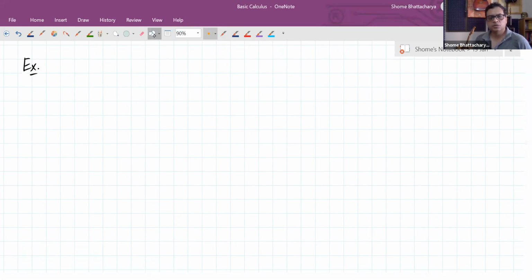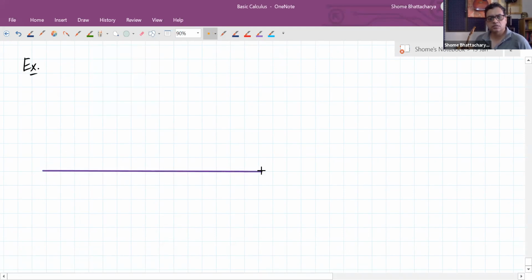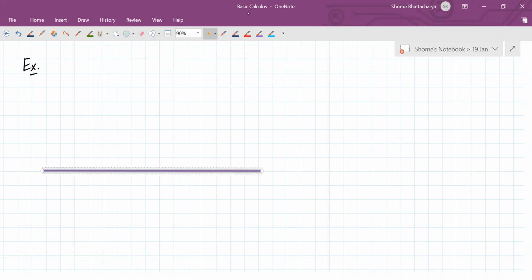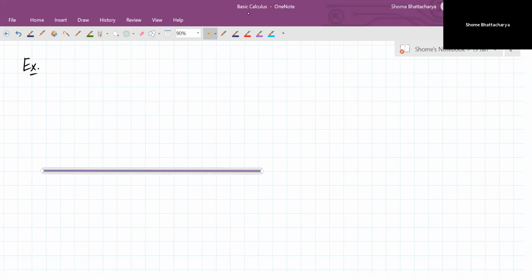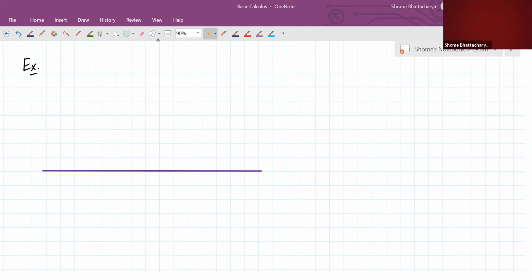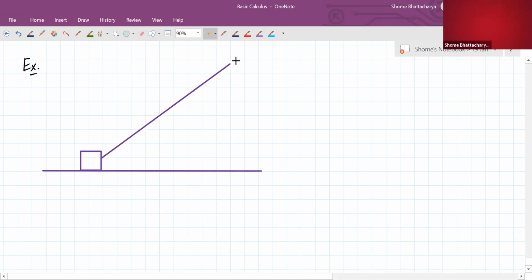So for example, suppose we have a physical situation like this, where we have a block placed on a frictionless surface, tied to a thread.